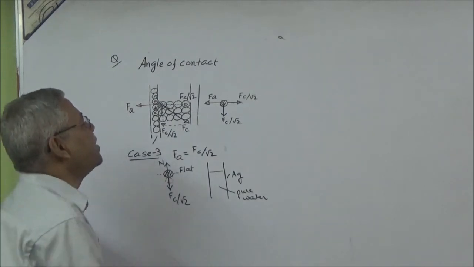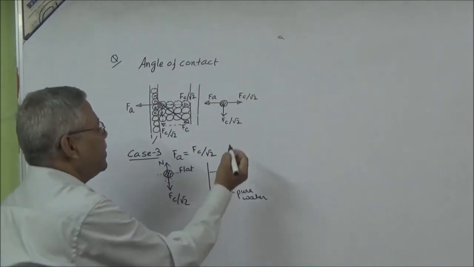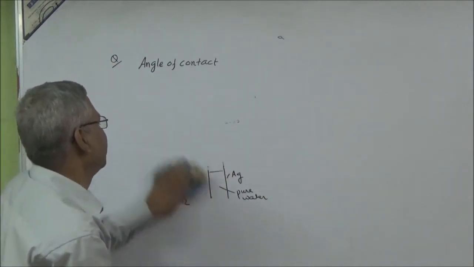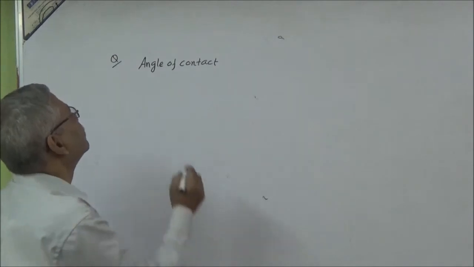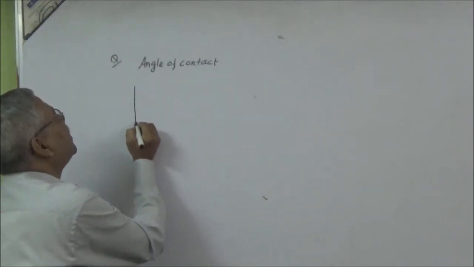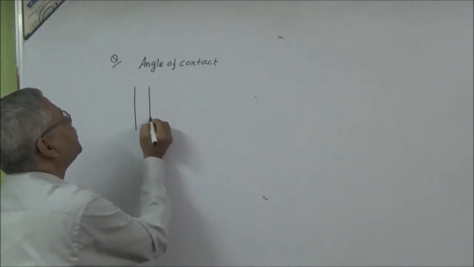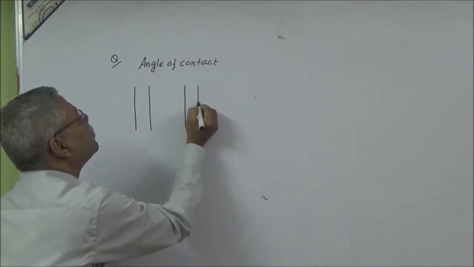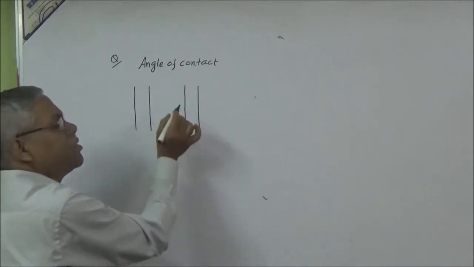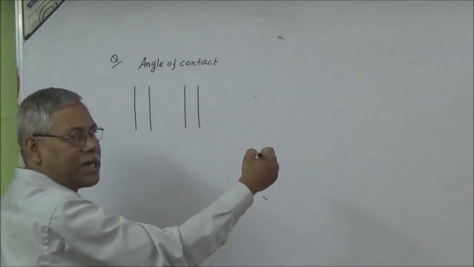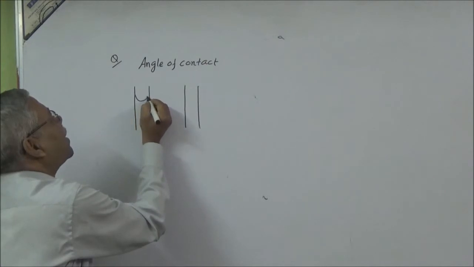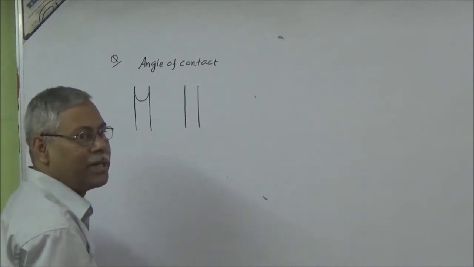Angle of contact is this angle. Consider these three cases. Consider these two cases, because the flat surface is exceptional. In the case of water and glass, that is an example.